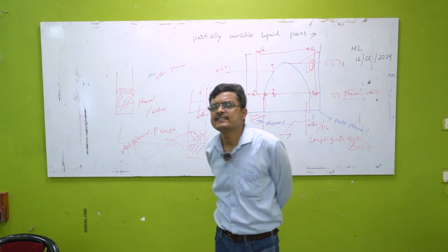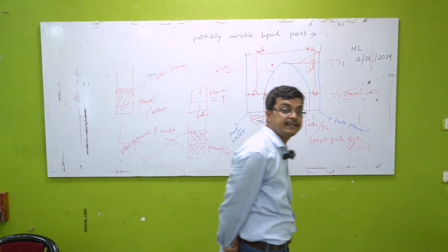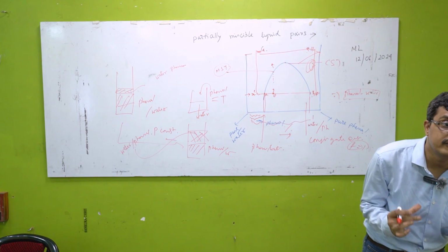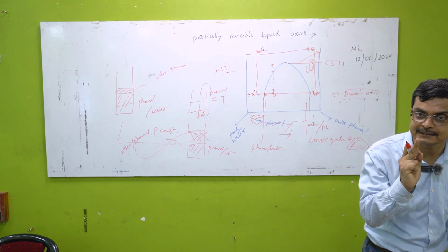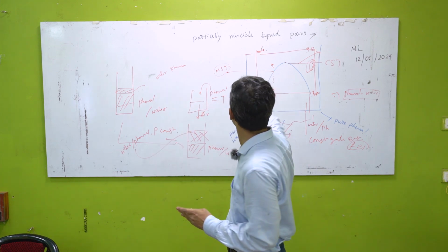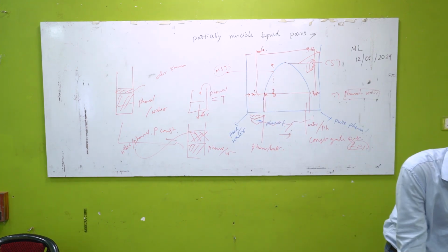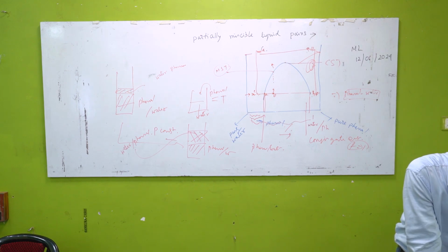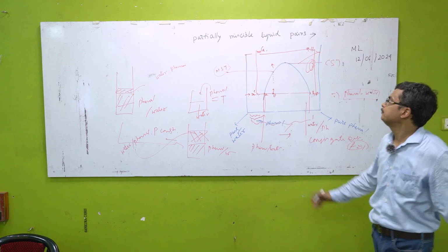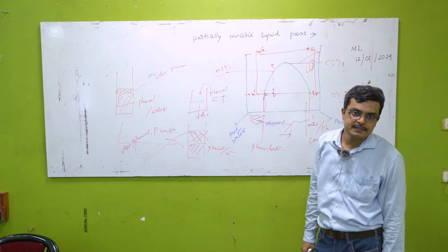Why do such things happen here? Because with the increase in temperature, mutual solubilities increase. When you increase the temperature, there are cases like water in phenol where mutual solubilities increase. When mutual solubilities increase, you see this type of curve, upper CST.